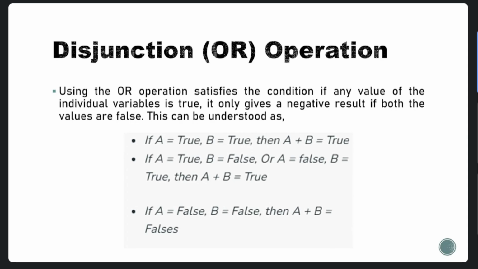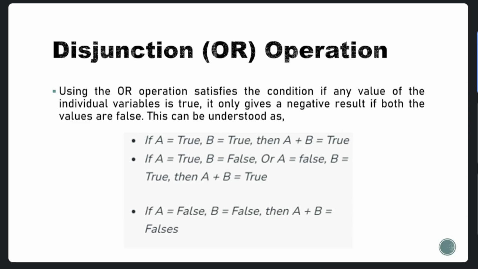Let me repeat. The NOT operation is 1 to 0 or 0 to 1. The AND operation, when true, true, it is true. When true, false, it is false. When false, true, it is false.